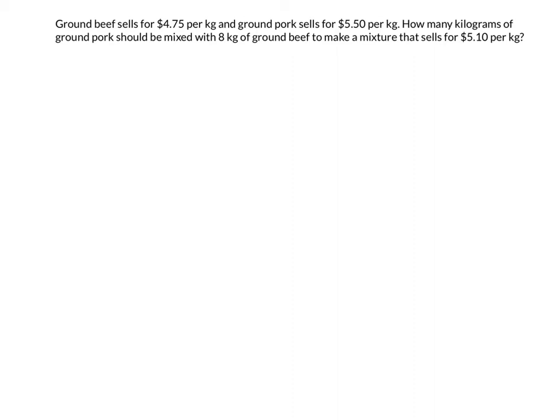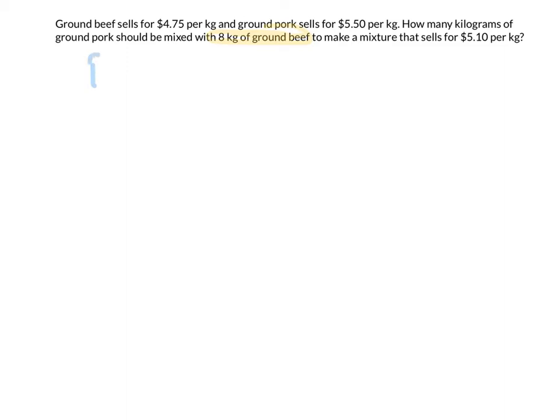If we look at it carefully, we realize that what we have is actually a knowledge that we have 8 kilograms of ground beef, as you can see from right here. So what we need is a variable for the ground pork.